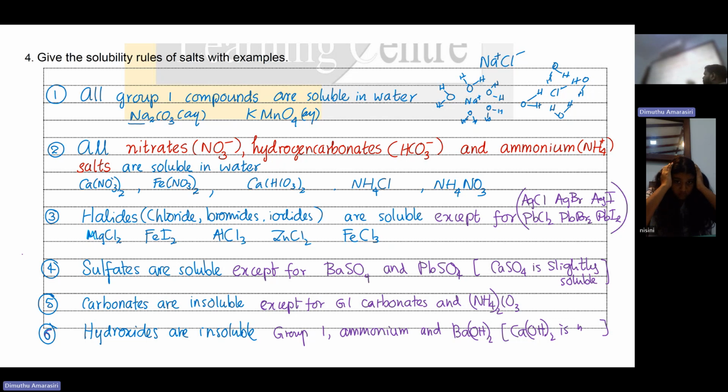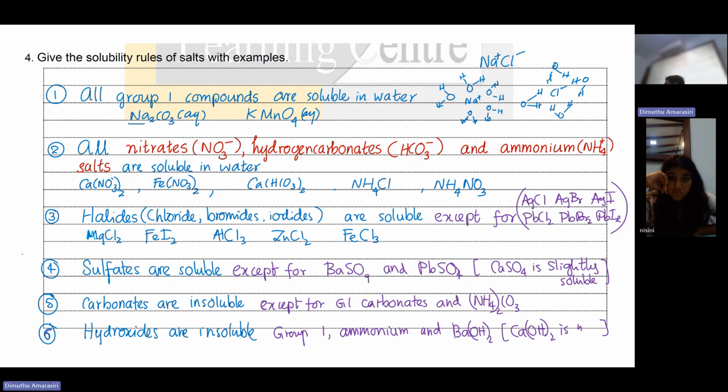So if you see a salt like magnesium chloride, iron 2 chloride, aluminium chloride, zinc chloride, zirconium bromide, whatever, it doesn't matter. According to this rule, halides are usually soluble, except for those. But if you hear silver bromide, okay, halide, but exception.